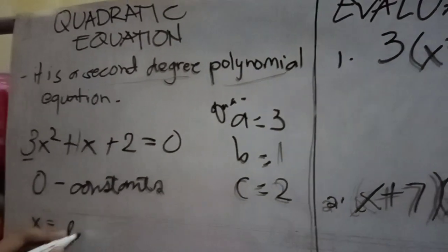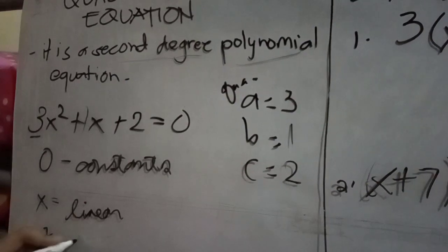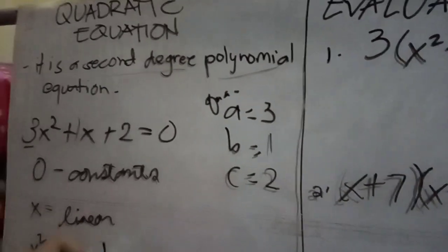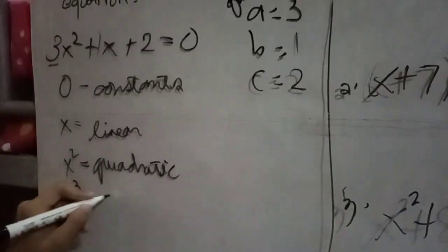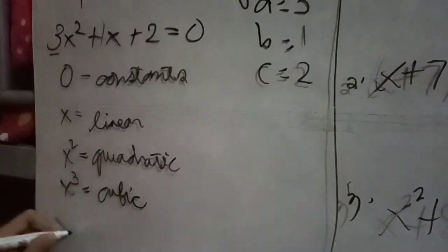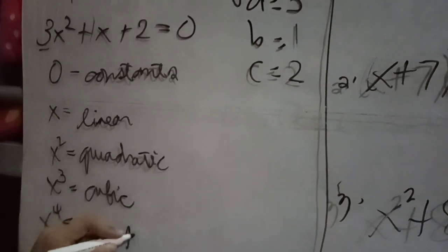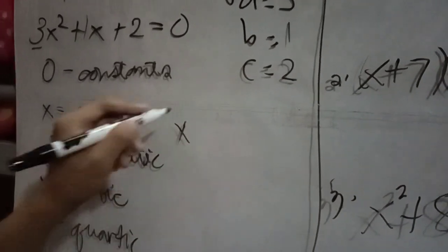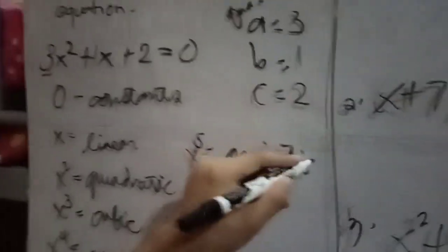So now, this is called the linear term. Then the quadratic, cubic, the quartic, and the quintic. So now that's enough of that.